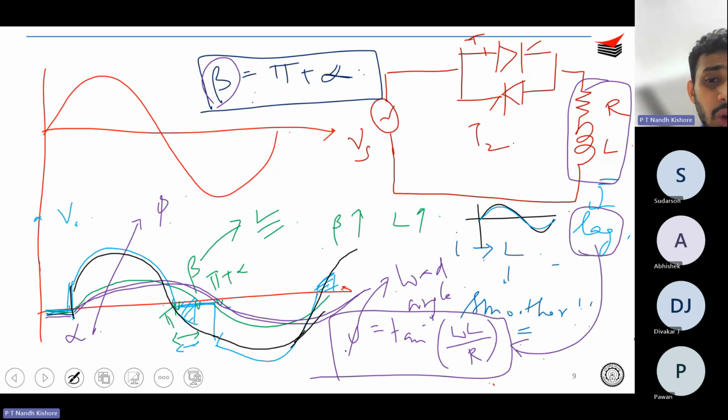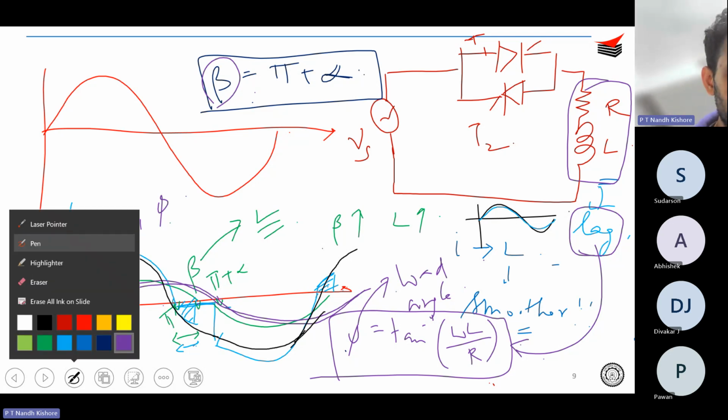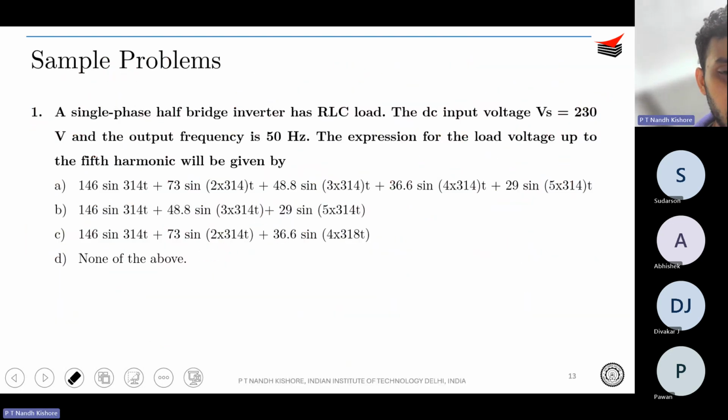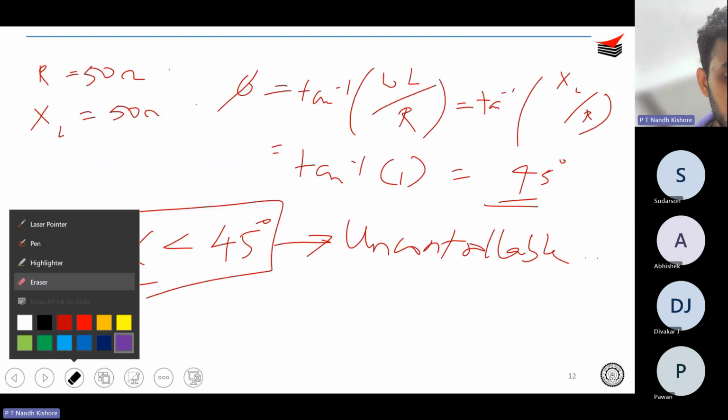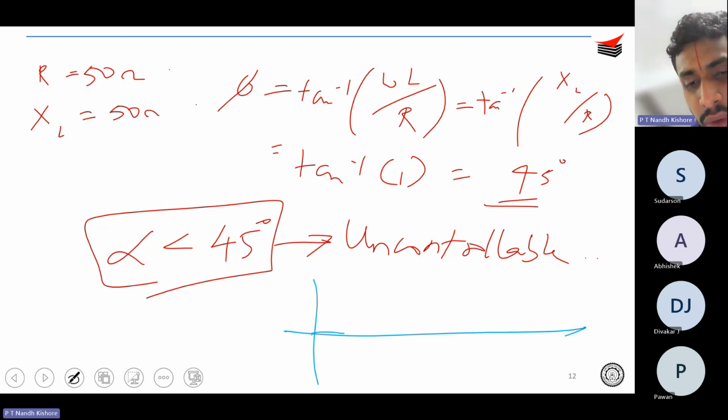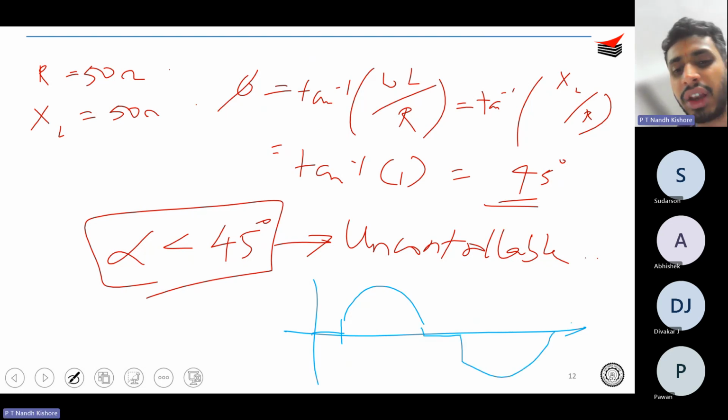Okay. Now the point is, at what value of alpha will your beta and pi plus alpha coincide? That was what we were discussing, correct? Let me explain over here. We said that your output voltage in a single phase AC regulator is going to be something like this, right?